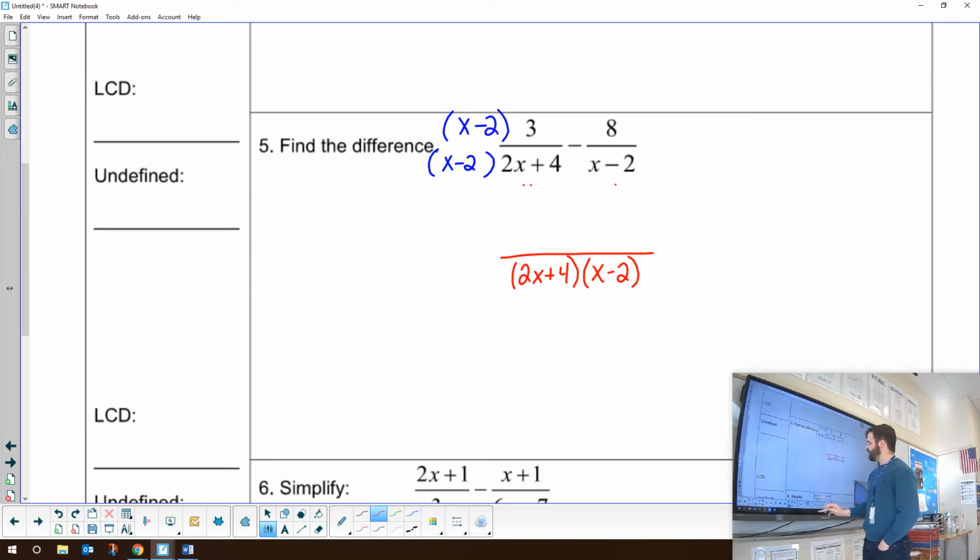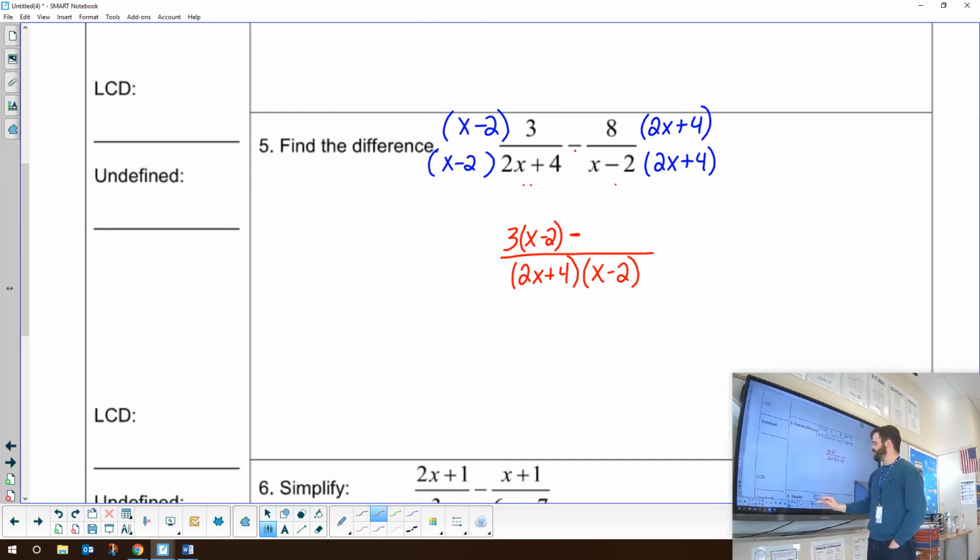Okay? So, we're going to have 3 times x minus 2 minus, don't forget about that minus, well, to get from x minus 2 to down here, I need to multiply by 2x plus 4. So I'm going to multiply the top by 2x plus 4 as well.